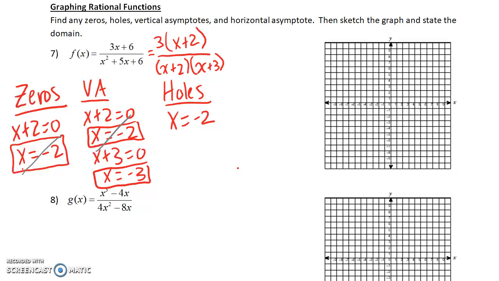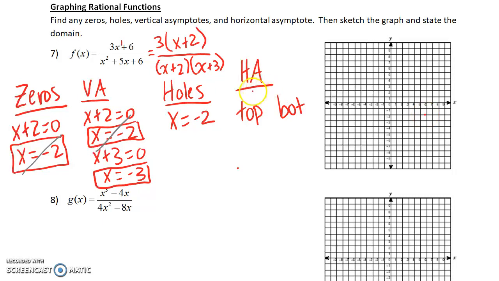Okay? Then back to our horizontal asymptote. We look at the highest exponent in the numerator, and I see the highest exponent is a 1. Look at the denominator, highest exponent is that 2. So you're asking yourself, is the top exponent greater than, equal to, or less than the bottom exponent?